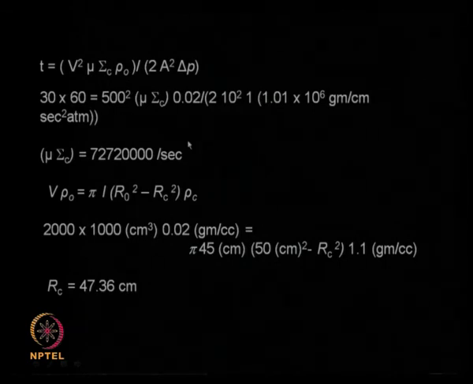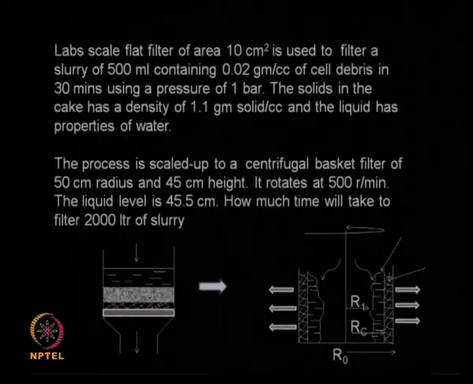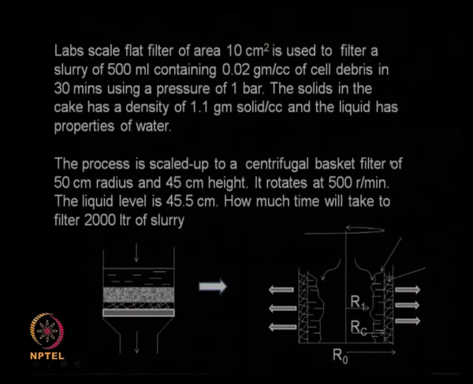Okay. Now we need to calculate, in the centrifugal filter, the thickness of the cake. So how do we do it? You can do a mass balance from this particular data set.